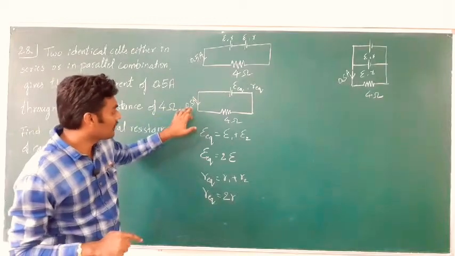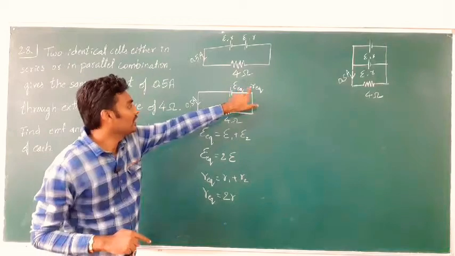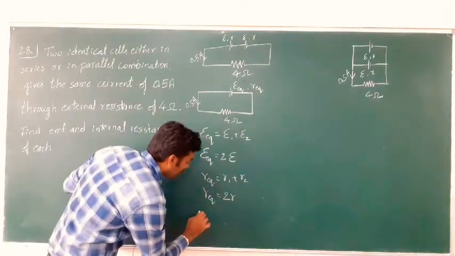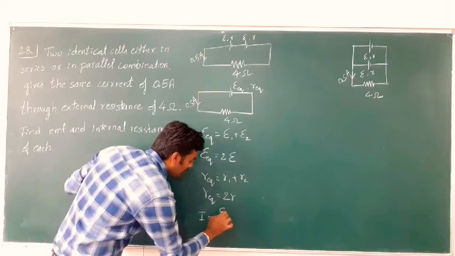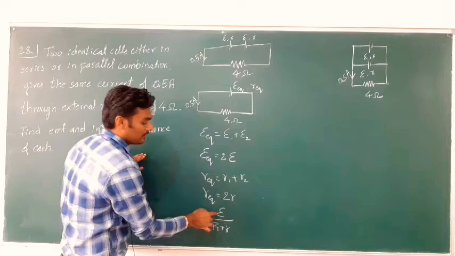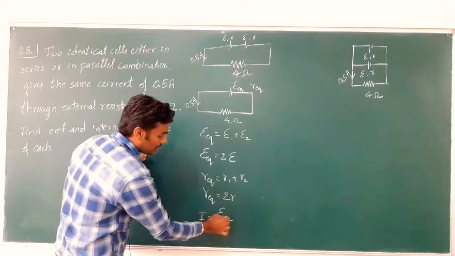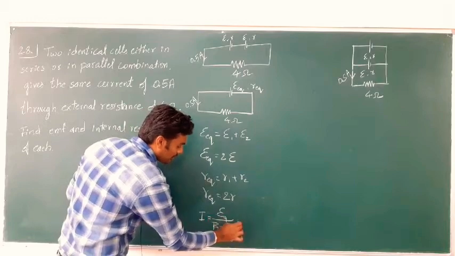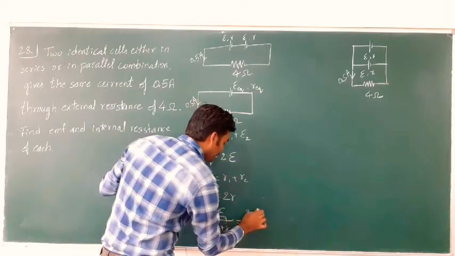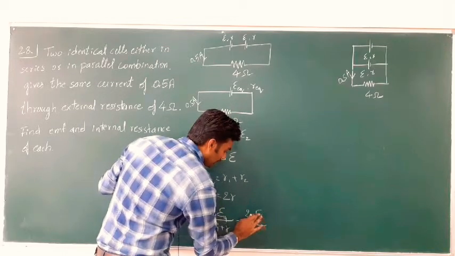And now, applying the relation for current expressed in terms of equivalent EMF, internal resistance and external resistance, we have the relation I is equal to E by R plus R, and here E is E equivalent, R is R equivalent. So what is E equivalent? E equivalent is 2 times E, right?